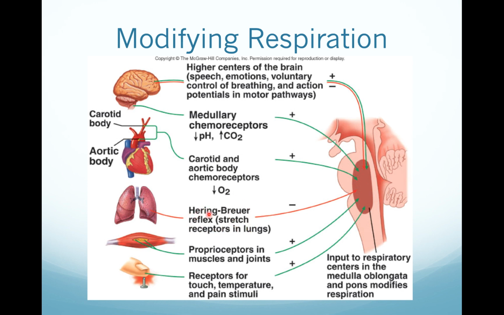Hering-Breuer reflex. The more you stretch out your lungs, you have mechanoreceptors in there that sense the stretch of the lungs. The more these are stretched out, the more your brain thinks, hey, if they're stretched out, that must mean there's already a lot of gas inside. We should lower respiratory rate.